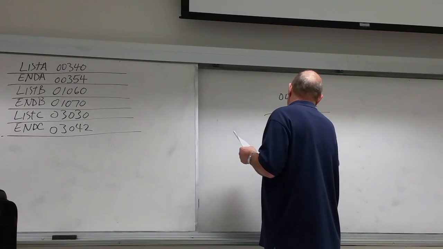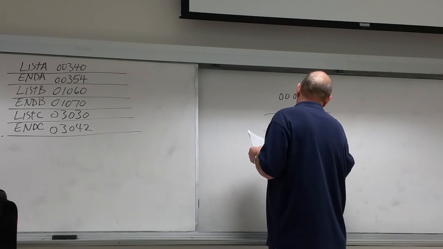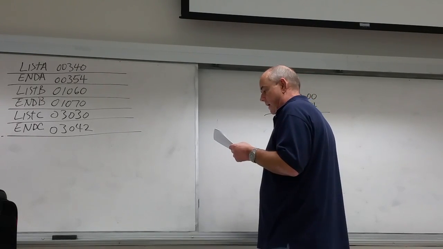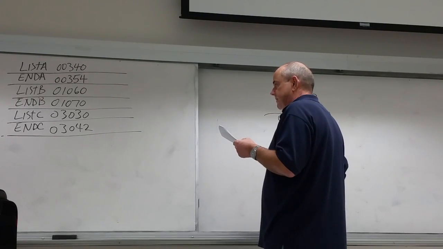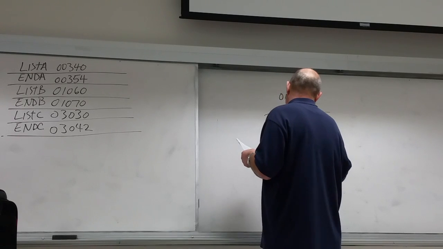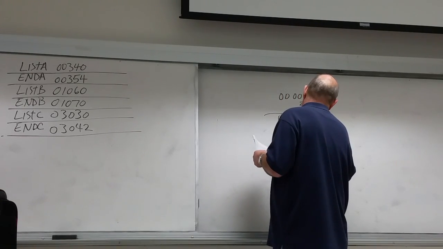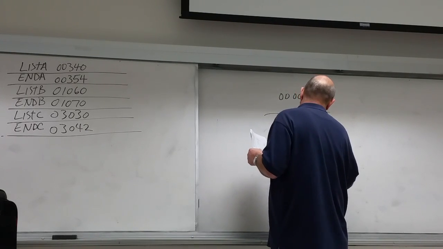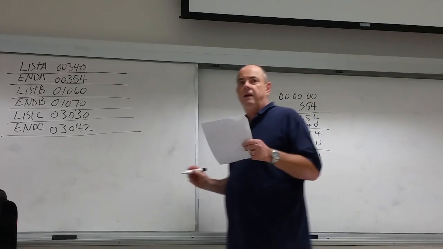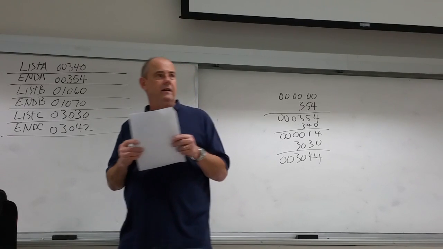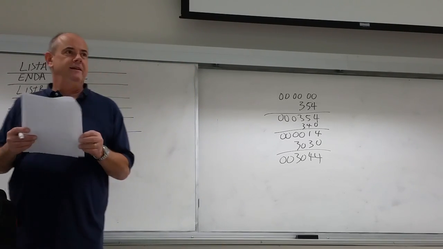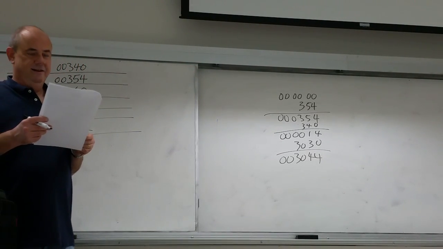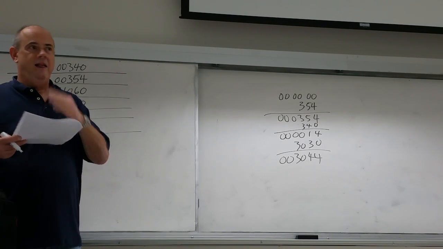So we have 0, 0, 0, 0, 1, 4. Plus list C, and list C is 3030. And we're left with 3044. That's what you got? Yes? Okay.